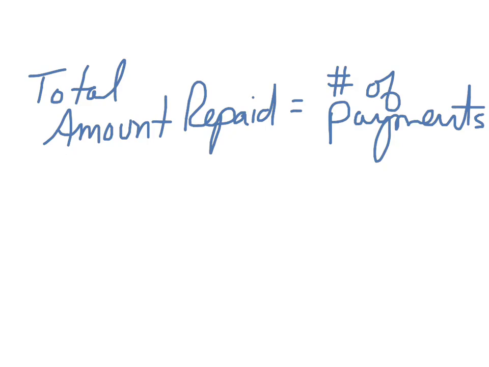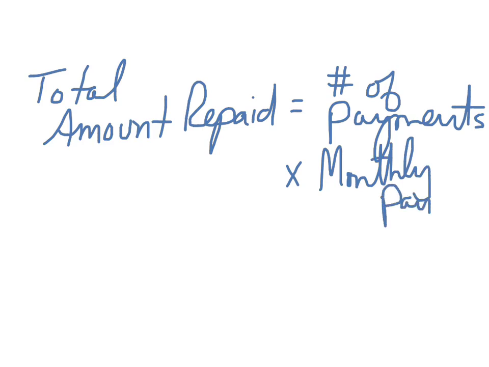Or if you buy a car and you finance it for 5 years, that's 12 times 5, or you make 60 payments. So keep that in mind when it's talking about the number of payments. Multiplied by monthly payment, whatever that was we found in the last part.